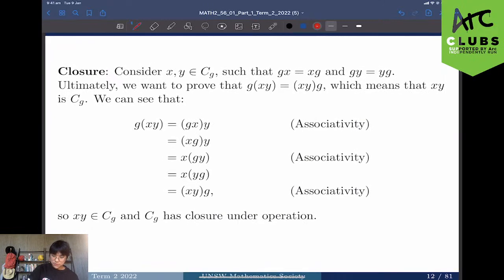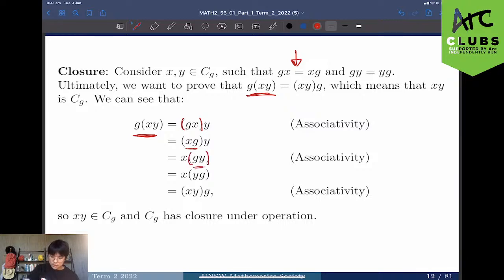So we start off here with G bracket xy. And here we can shift the brackets because of associativity of multiplication. And using this piece of information, we can switch out the gx with an xg. And then we just shift the brackets again because of associativity of multiplication.